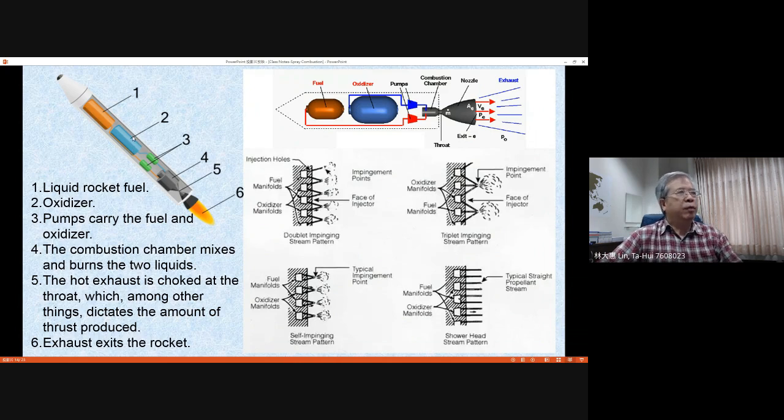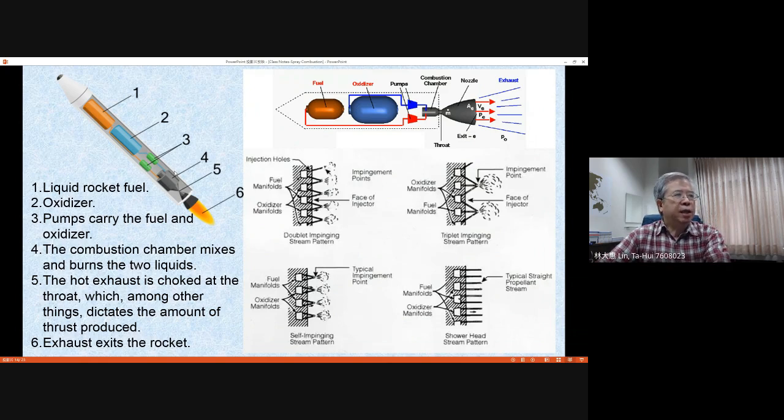Both of them will be driven by pumps. At section 3, there are 2 pumps that separately carry the fuel and the oxygen into number 4, the combustion chamber. Now the spray system contains 2 kinds of spray: one is the fuel spray, and the other is the oxidizer spray.